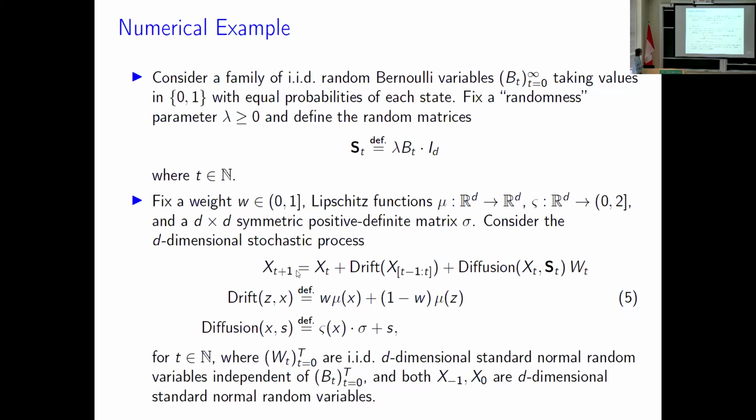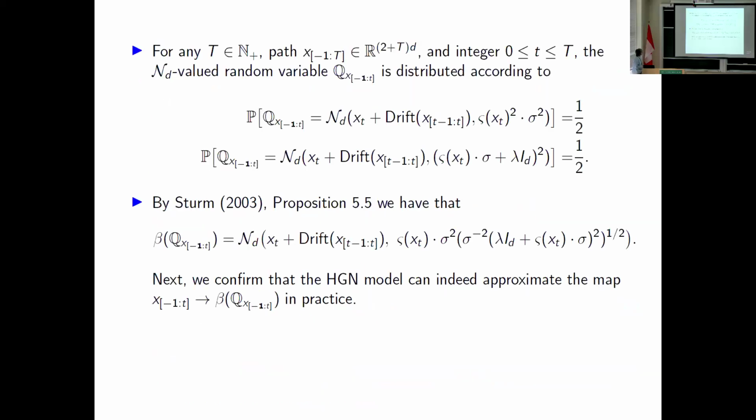So one can write down these dynamics for the process X. The process is very simple, and one can see that this random variable was used to define this barycenter, which is defined in the following way. We leverage this proposition by Sturm, and we have that the barycenter is given by this Gaussian variable. We use this result.